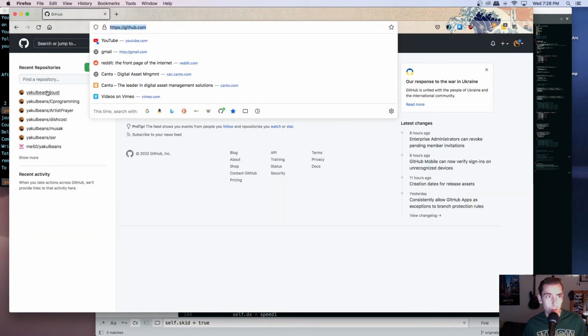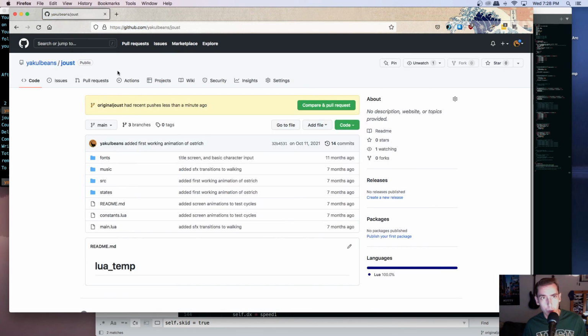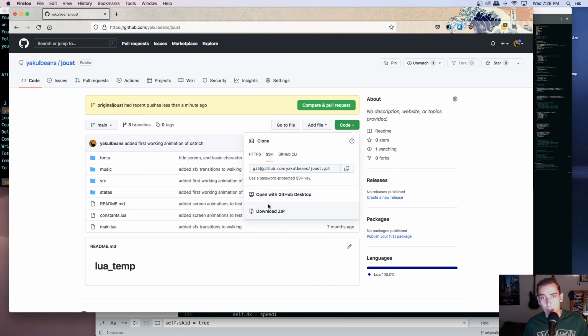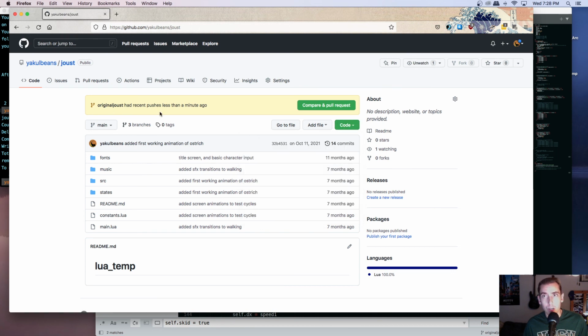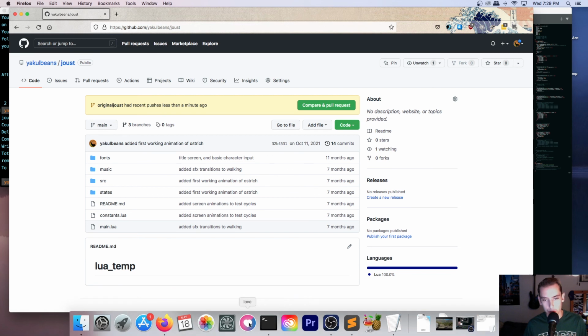If you go to github.com/Jakobins/joust, you can download the zip of the folder. With Lua, you just drag the folder itself. In order to run, it needs a main, which is main.lua. So if the folder you download, once you unzip it, has that main inside it, you drag and drop the folder right onto Love2D and it'll run for you.